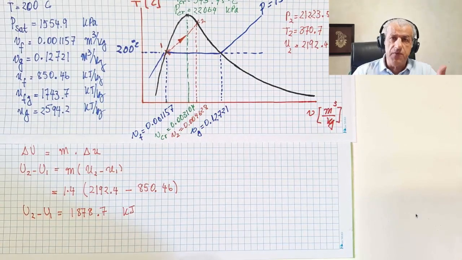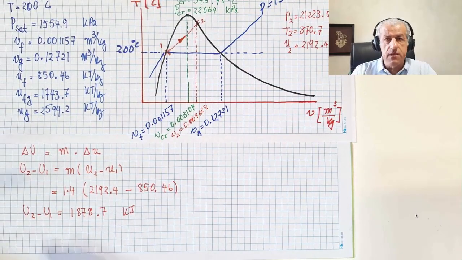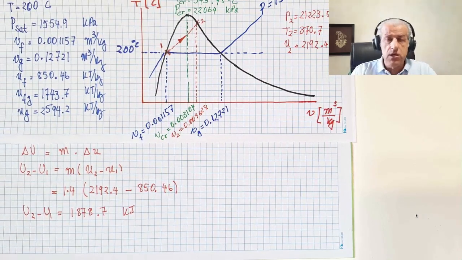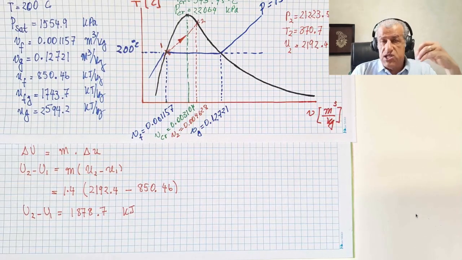Well, a process has happened. There are changes of properties. We know two of the initial properties. We know two of the final properties. So we can calculate all properties, and we can know the property change, like change of internal energy. We could have also calculated the change in enthalpy and the change in entropy, since we can know this change.